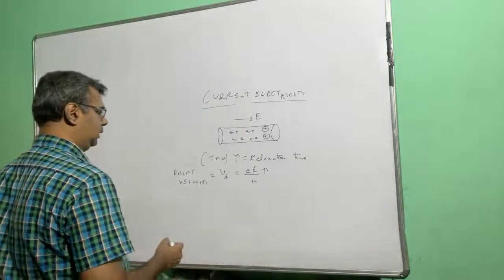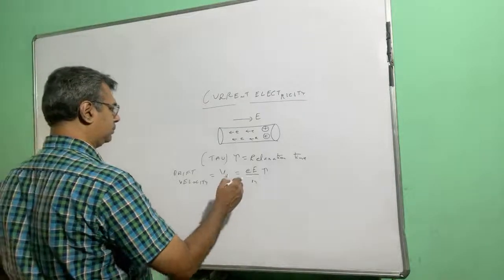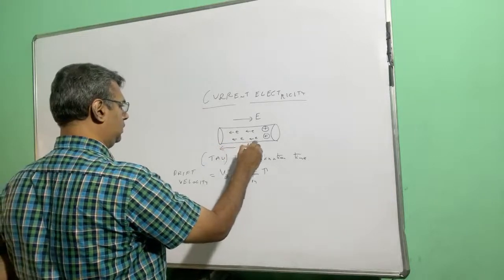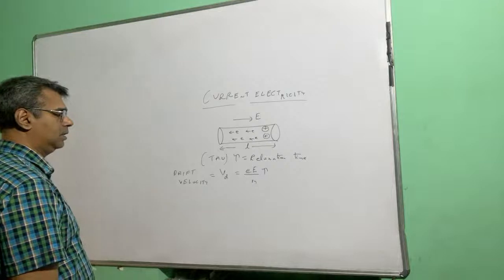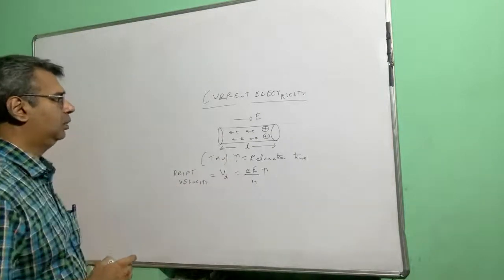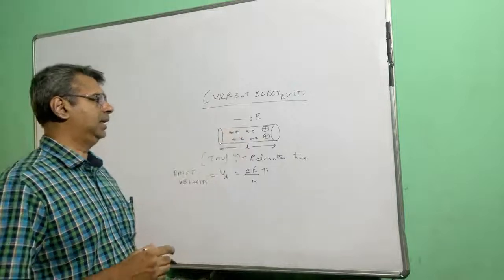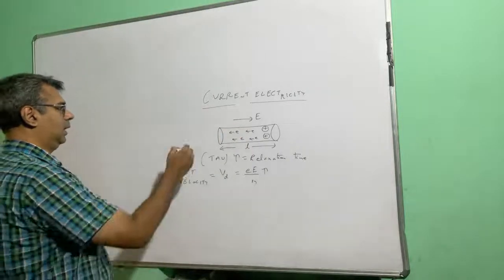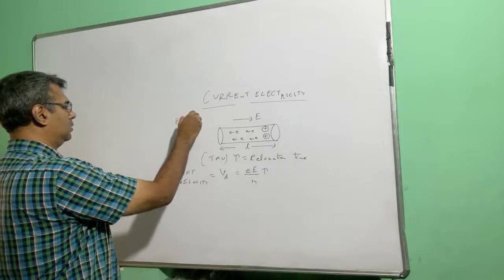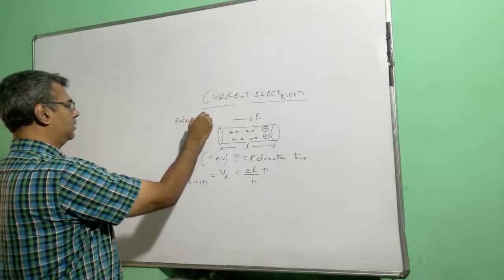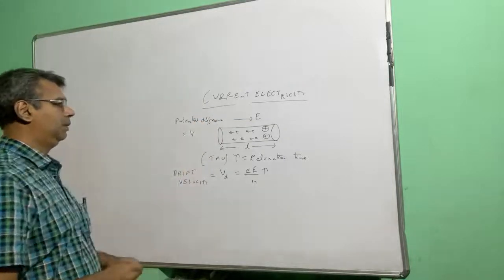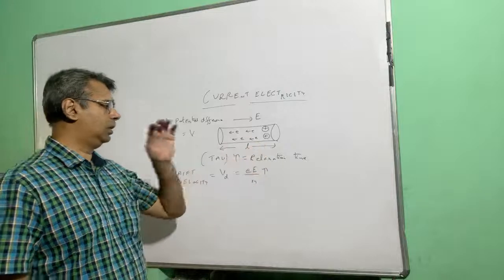Now suppose the length of the conductor from end to end is capital L, and you know that you have applied an electric field, but in reality what we do is that we apply a potential difference. So we apply a potential difference between the two ends of the conductor.